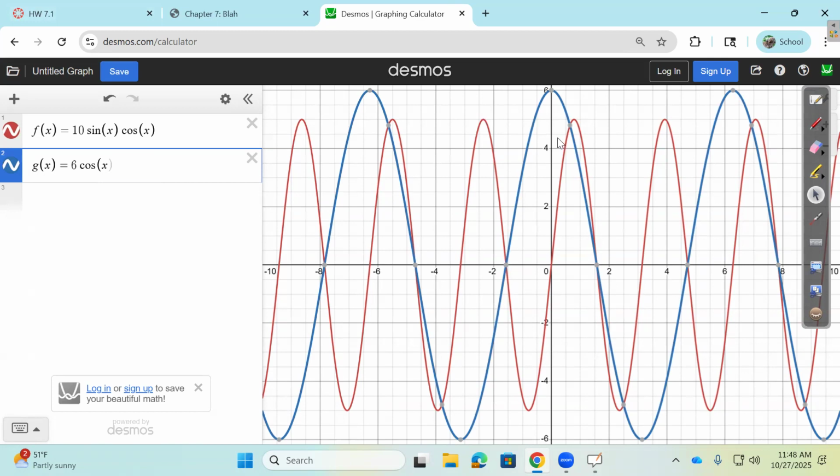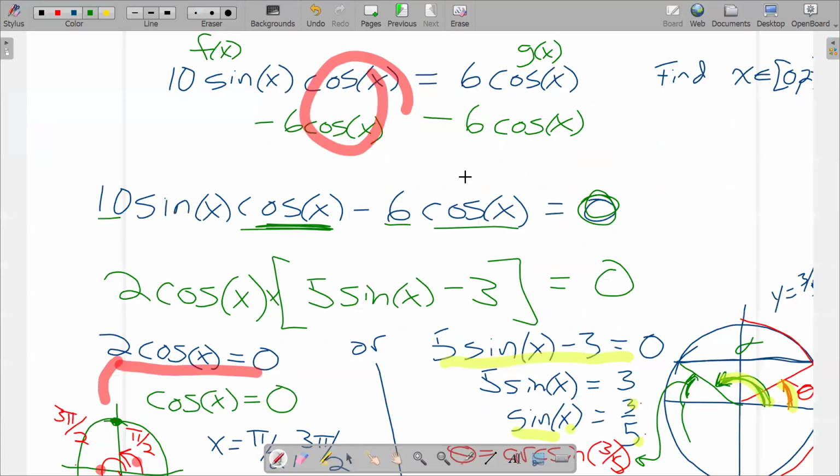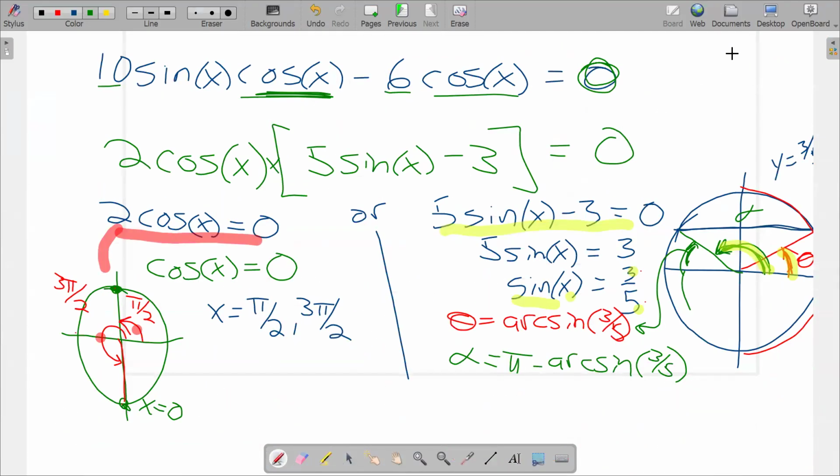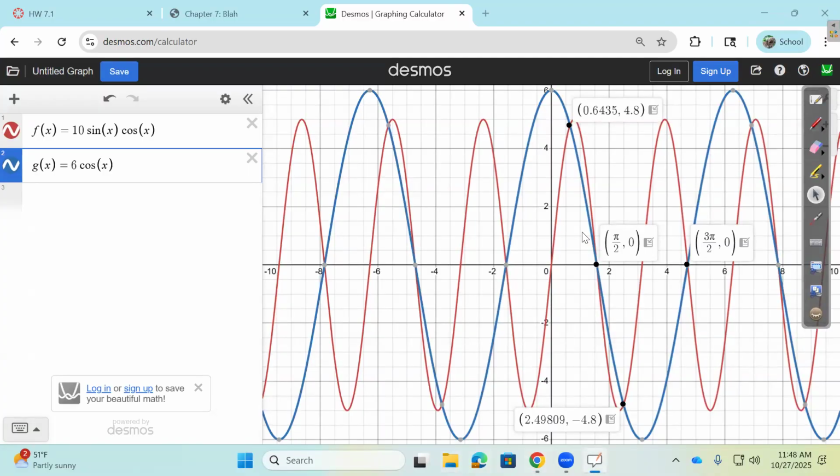And I think I've identified these solutions here. The next one, oh, I missed one down here. In order, 1, 2, 3, 4. Okay, that should be done. So double check my notes. I did find pi over 2 and 3 pi over 2, which Desmos recognized. That's good.